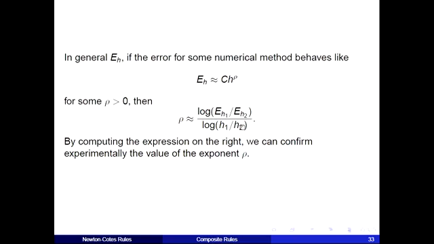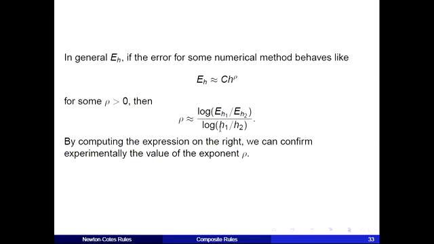So you can derive the order of convergence by taking the logarithm of the ratio of the errors over the logarithm of the ratio of h1 over h2. And if you look at the project description, h1 over h2 is exactly 10, because I have 10 to the minus 1, 10 to the minus 2, 10 to the minus 3.